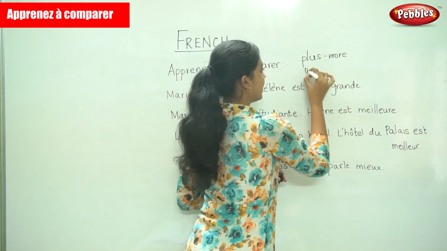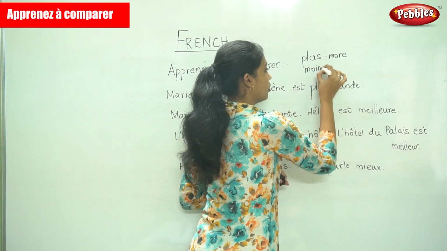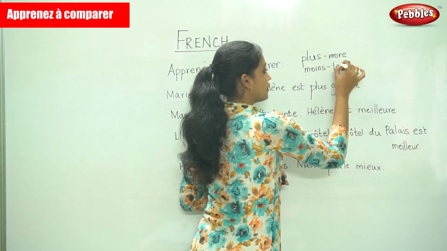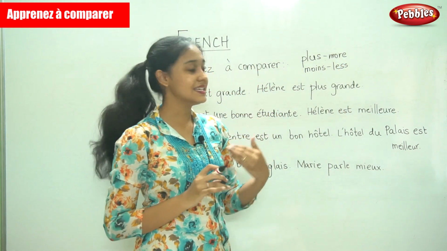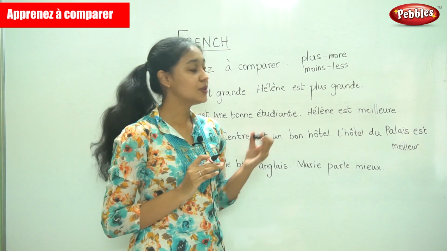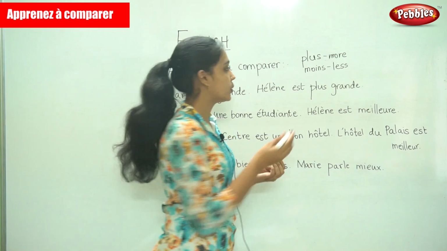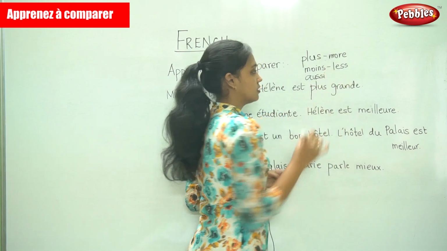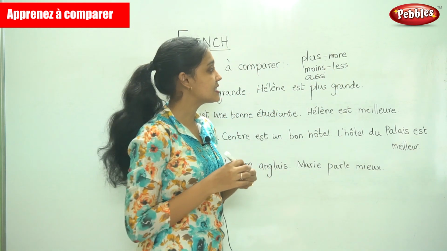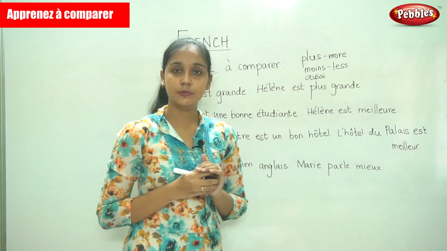And the opposite of that is moins. Moins means less. Plus is more and moins is less. And to indicate that both are of equal quality, we use the word aussi. Aussi. So these are 3 words we need to remember.